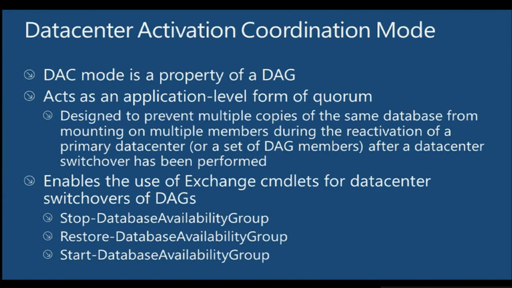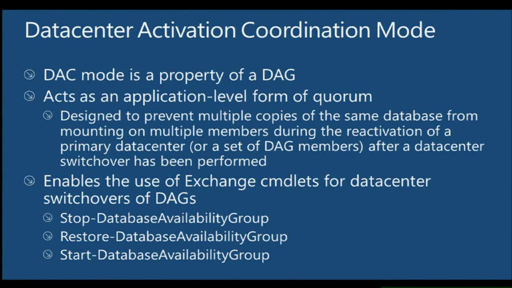If you are using the third-party replication API, you'll check with your vendor as to whether or not they support DAC mode. If you're not using the third-party replication API, which 99.99% of our customers are not using it, then you should be safe to put your DAG in DAC mode, even if your DAG is not extended to multiple data centers. It's okay. It's not going to harm anything if it's in DAC mode.